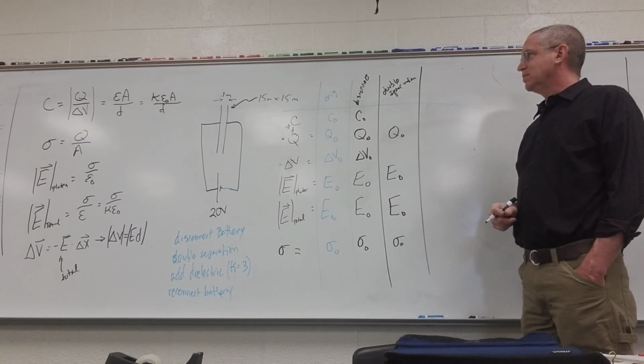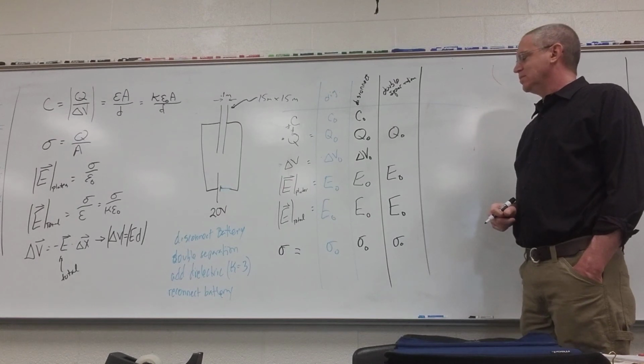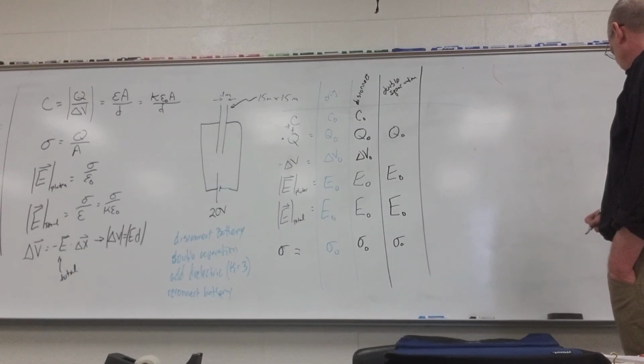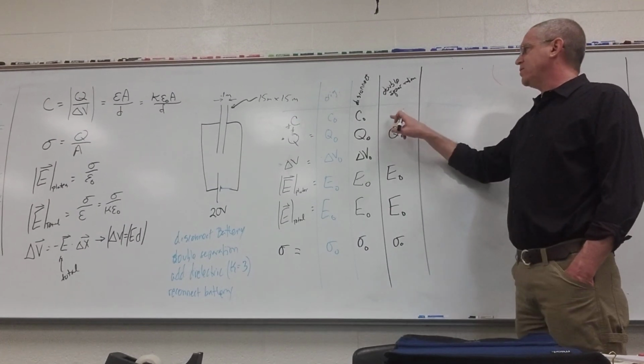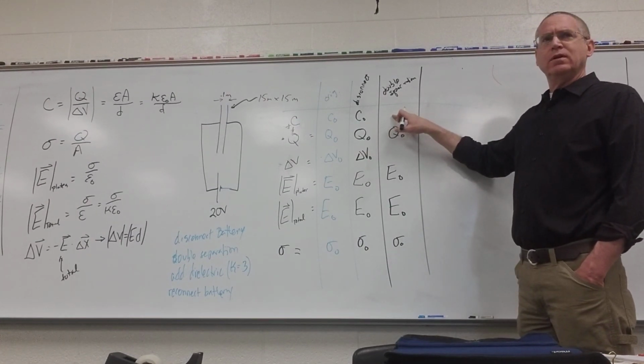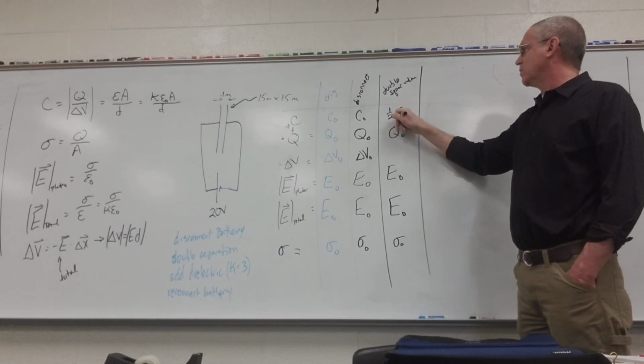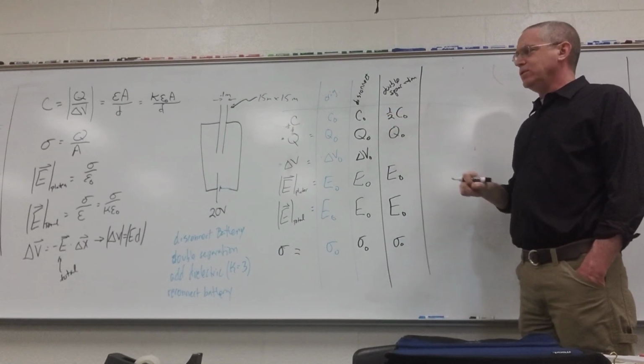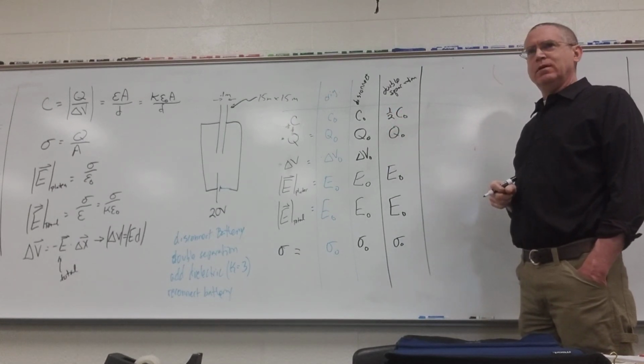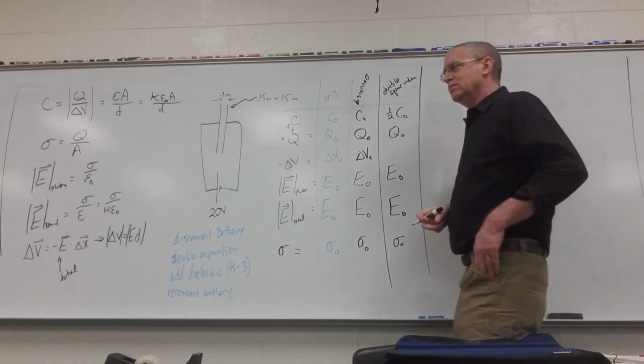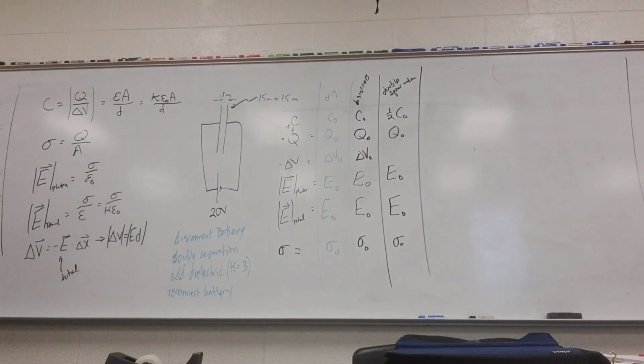Capacitance would double. Wait, no, wait, distance before. Oh, that was the change to the voltage. Okay, so no. Capacitance would be half. Yeah, so this is half of what we started with. And the voltage?